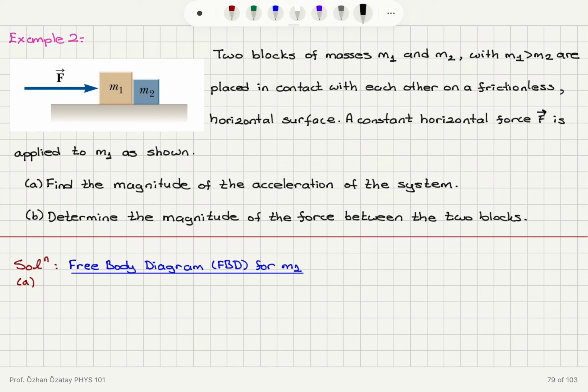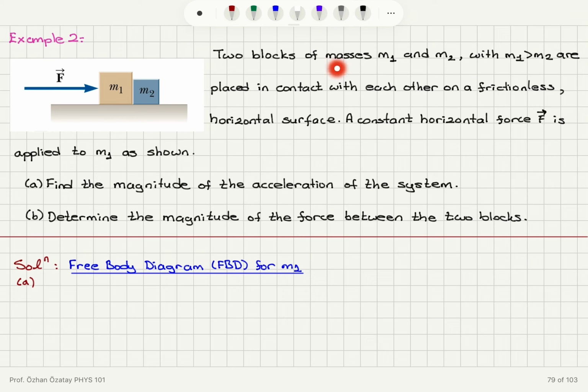Here we have two blocks, and we're going to consider the forces acting between the blocks. So let's start with reading the problem statement here.